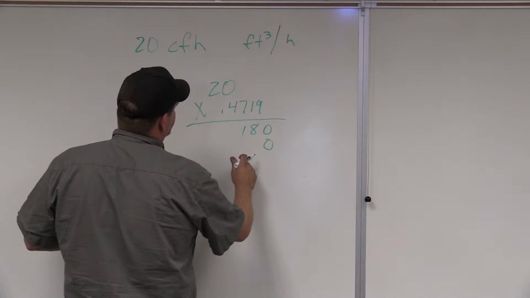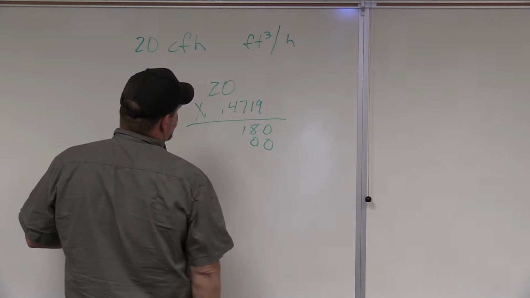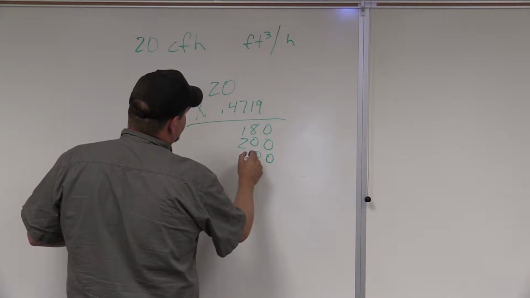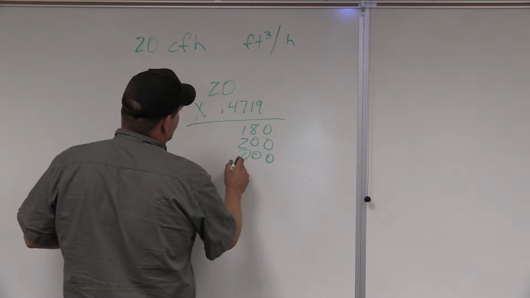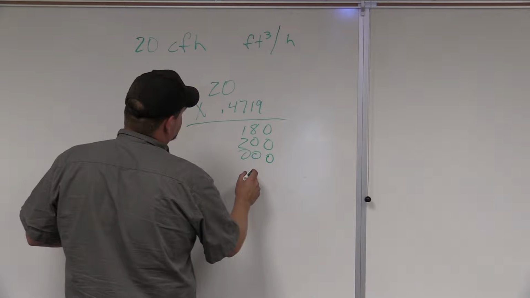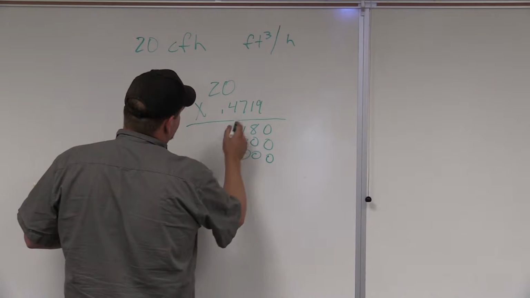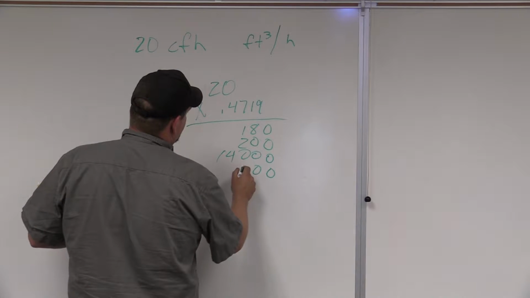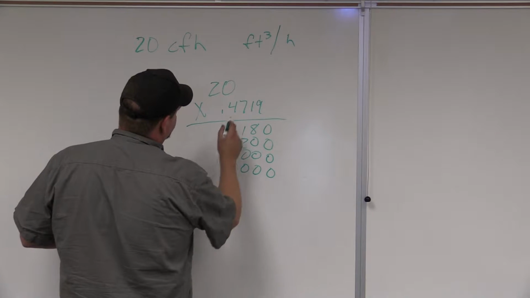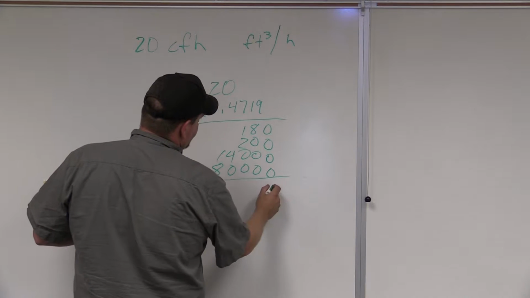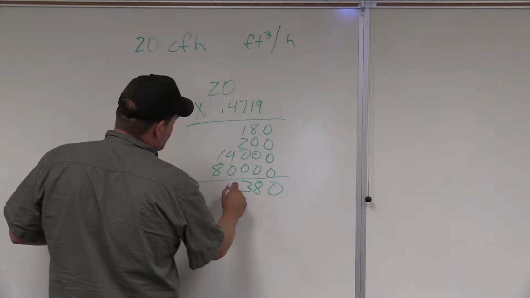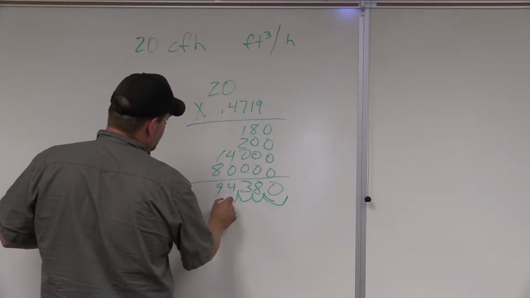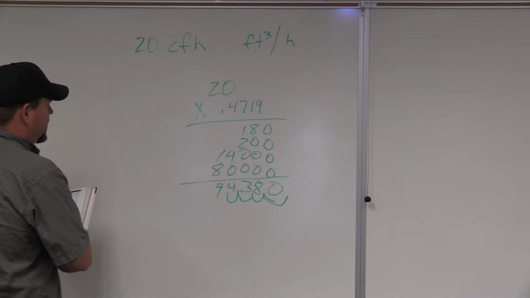I'm going to add a 0 to start with. 1 times 0, 0. 1 times 2, 2. Now we're 3 spots over. 7, 1, 2, 14. Now we count 4 decimal places: 1, 2, 3, 4. That gives 9.438.